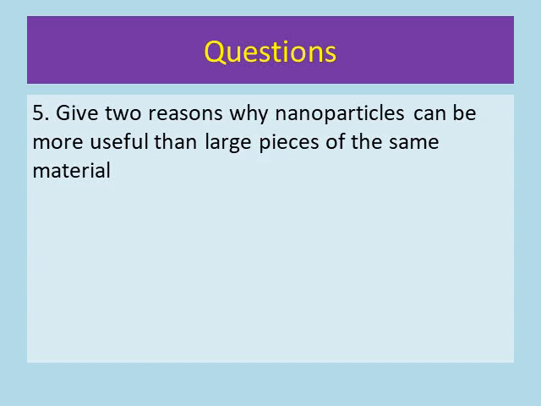And the other thing that you may have written down is this means that there is a larger surface for them to be able to act as a catalyst. So you might have found that last one a little bit more tricky, so please write it down if you didn't get it. So the fact they have got a larger surface area to volume ratio means there is a larger surface for them to be able to act as a catalyst.